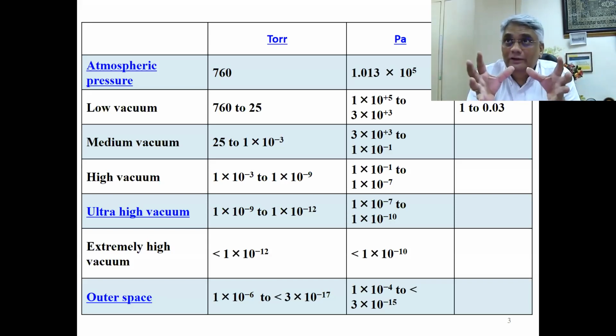Otherwise, they're already in a vacuum in space. And because you have a vacuum in space, we are all saved. Human inhabitation is possible on Earth because of the vacuum up there.